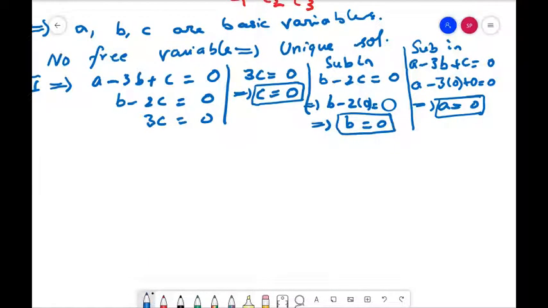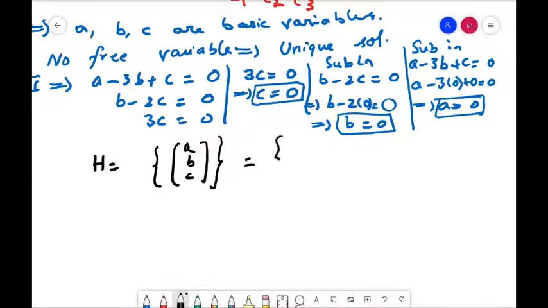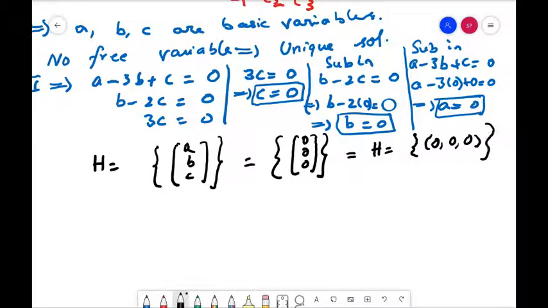Now we got a is equal to 0, b is equal to 0, c is equal to 0, and our H is spanned by the vector abc. That implies it is spanned by the 0 vector. Then how many vectors are there in H? The 0 vector will never be counted for the dimension.